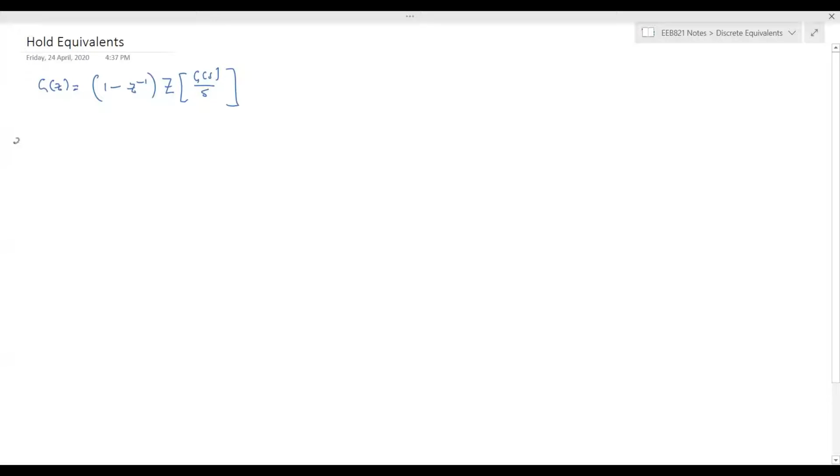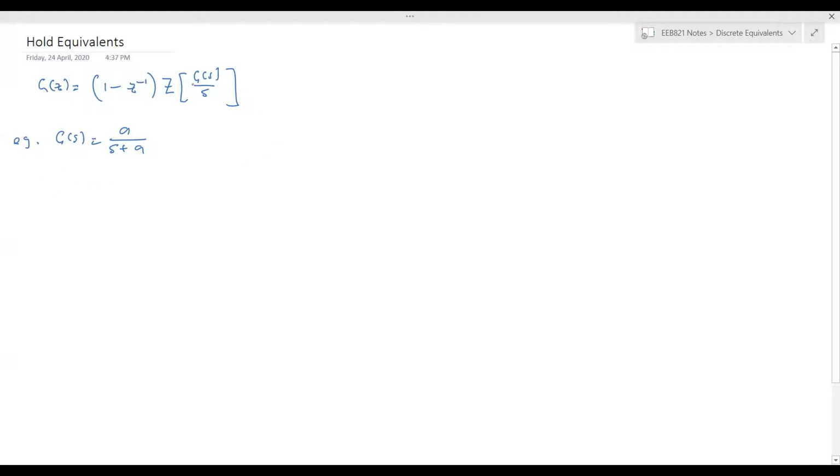Let's say G of s is given as the same function as in the previous case, a over s plus a.